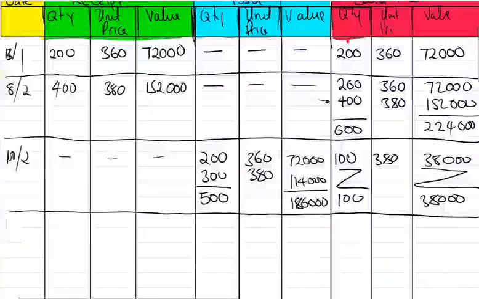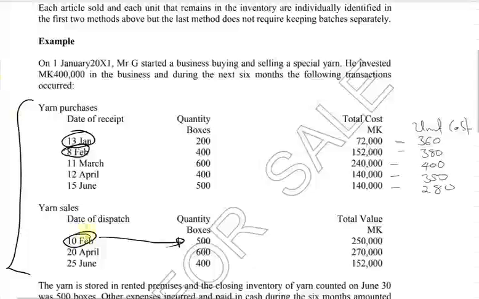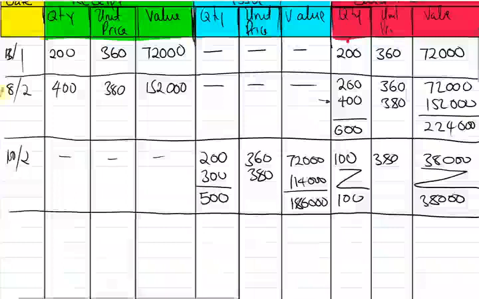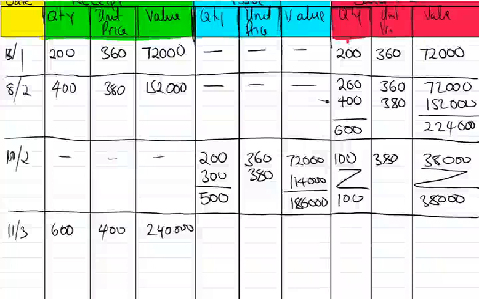So we will go to the next, right? The next date is basically on the 11th of March. On the 11th of March, they actually purchased 600 boxes at 240. So we're saying on the 11th March, 600 boxes at 240, the unit price will be 400. That's 240,000 divided by 600.